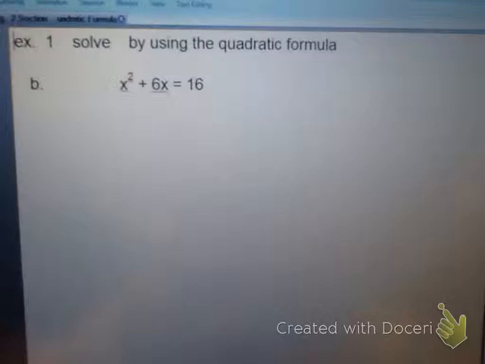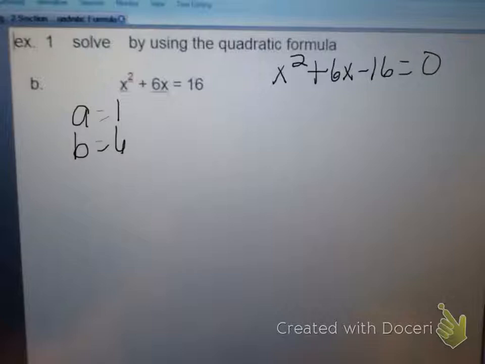Example 1b, we have to get this equation equal to 0. Go to the side and identify your a. A is 1, b is 6, and c is negative 16.